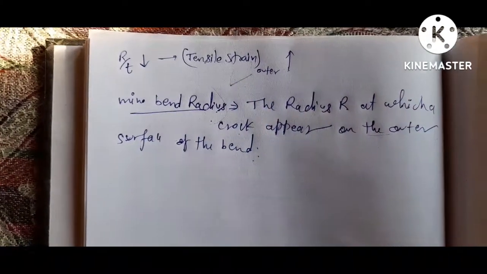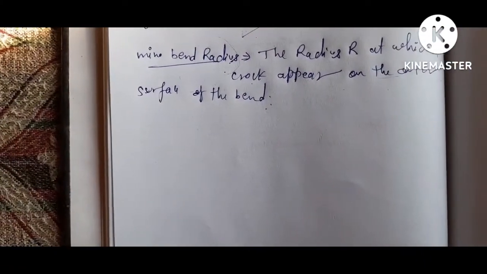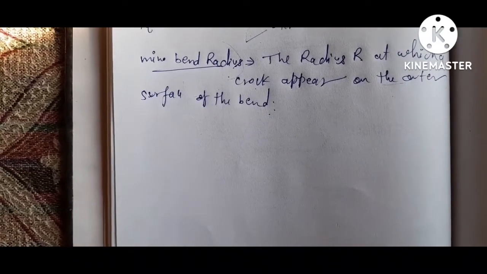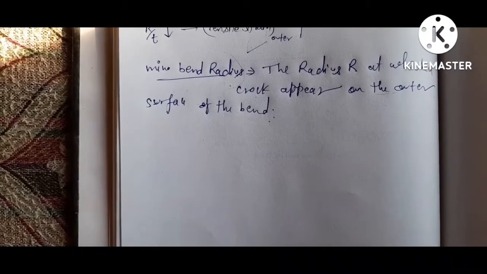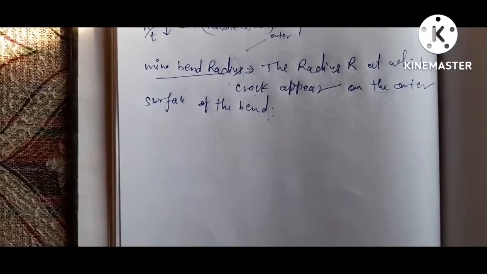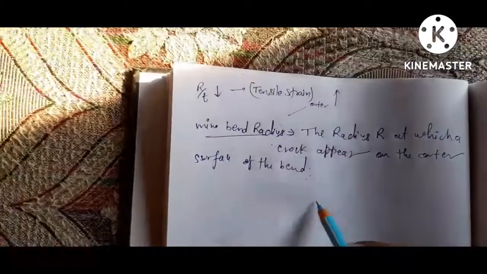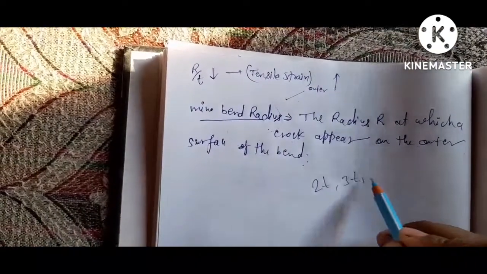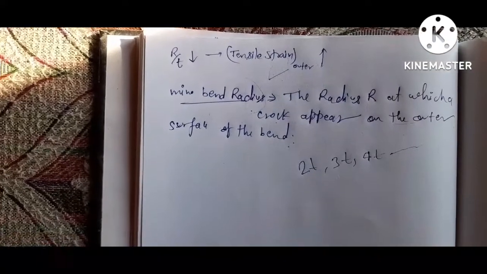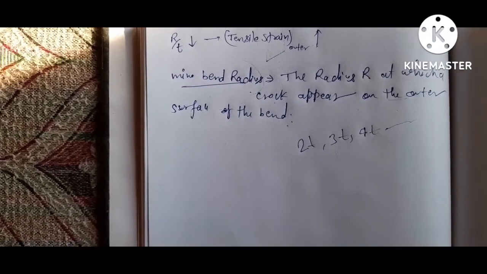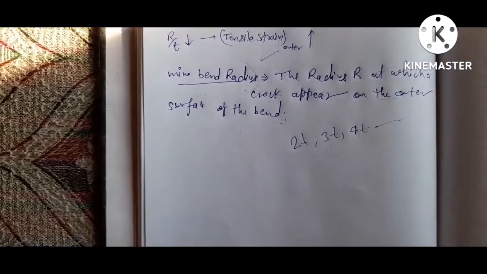You see this. The minimum bend radius to which a part can be bent safely is normally expressed in terms of its thickness, such as 2t, 3t or 4t and so on. Take an example, a bend radius of 3t.